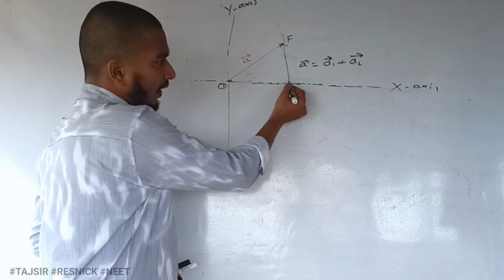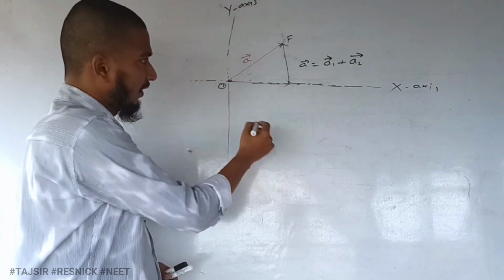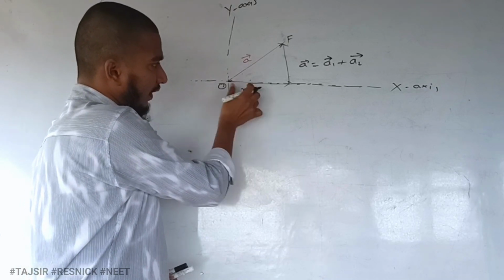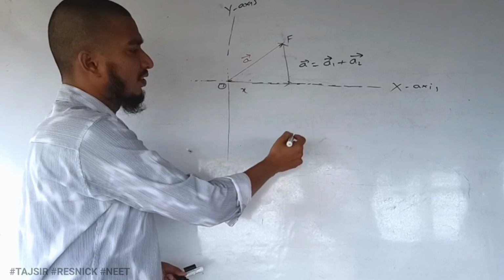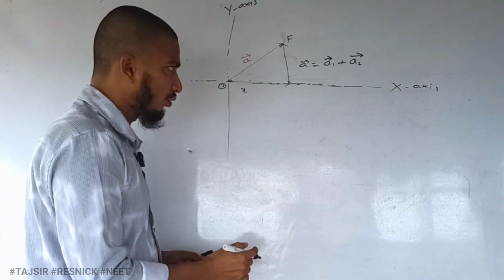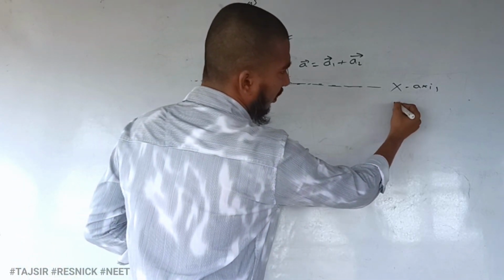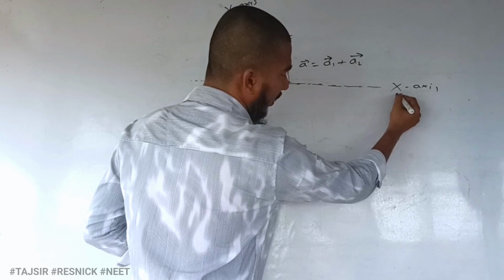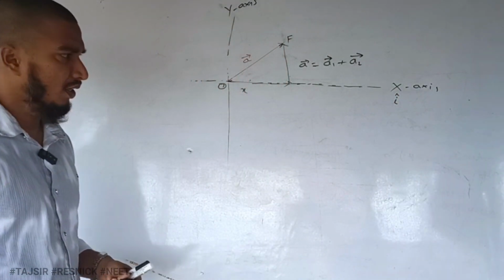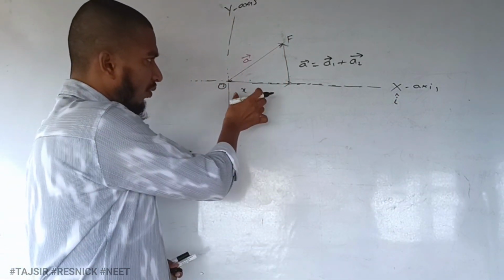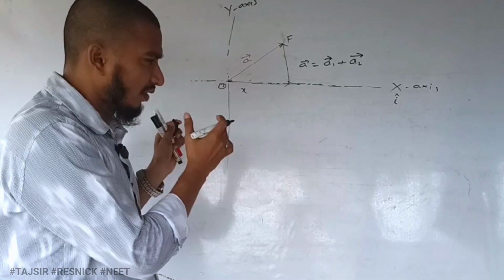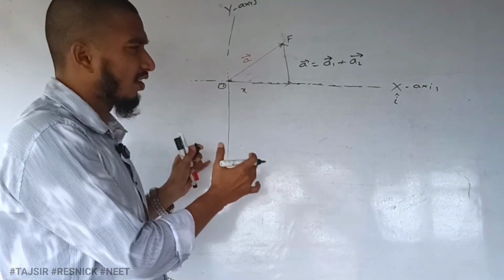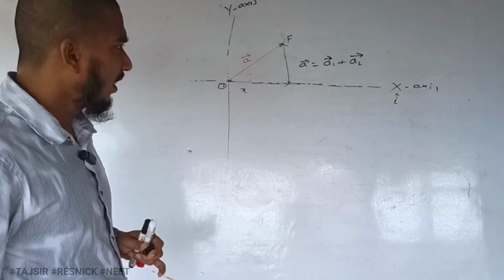The movement along x direction, say it is x meter, x units, and it is in the direction of x-axis. To denote the direction of x-axis, we use letter I with a cap. Whenever we see I with a cap, it means the direction of the vector is along x-axis.